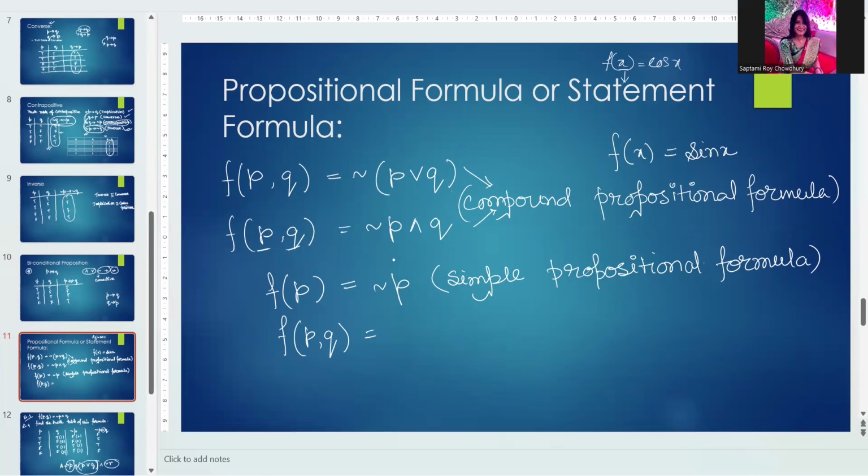If we use only one proposition, this is called a simple propositional formula. If you use 2, 3, 4, whatever number of propositions in your formula, then it is called a composite propositional formula.